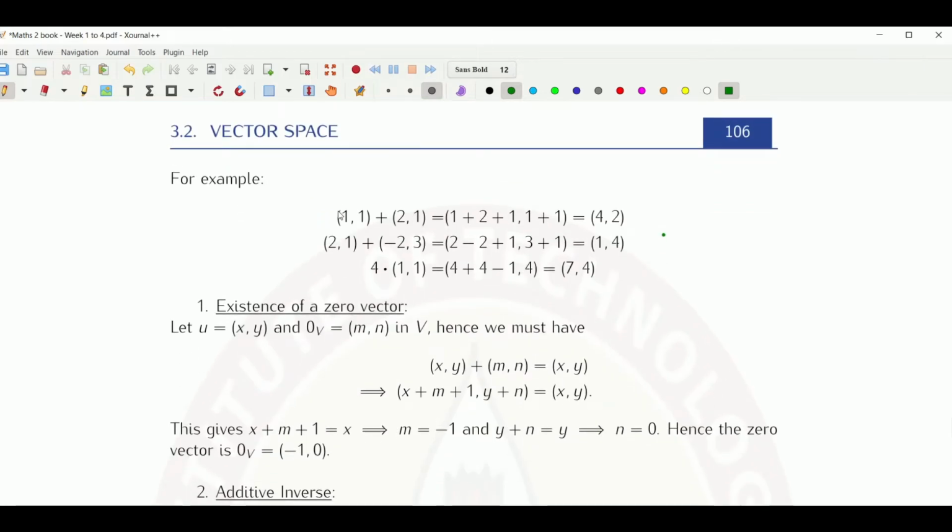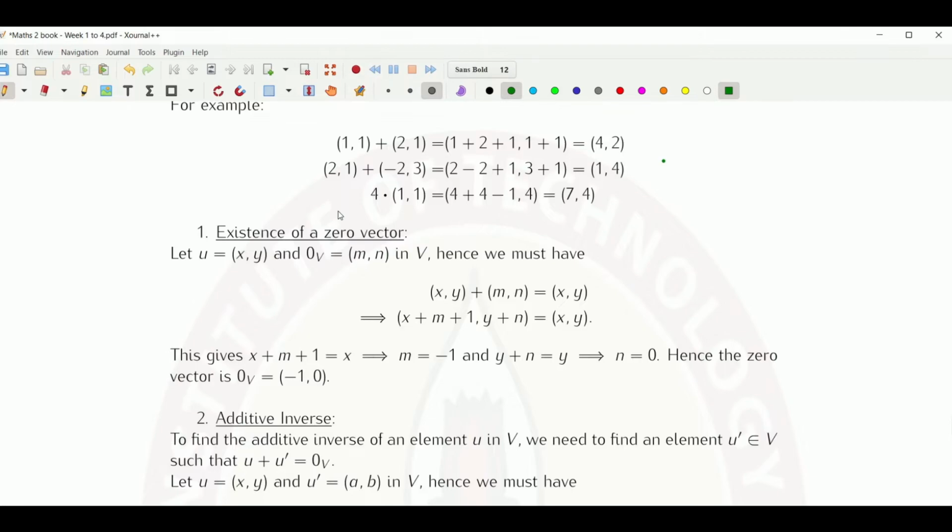So existence of a zero vector, let's check for zero vector. (x, y) plus (m, n) should be equal to (x, y). So what will it be? (x plus m plus 1, y plus n) and it will be (x, y).